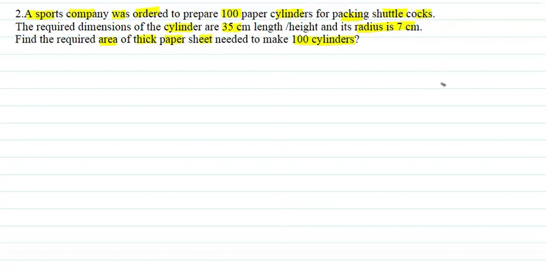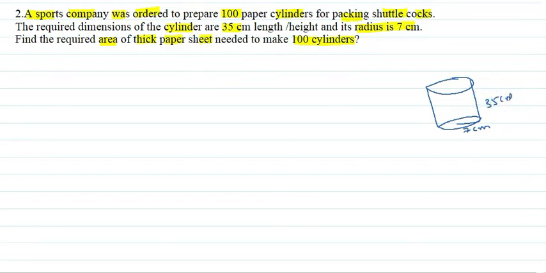So here the shuttlecock packing is in the shape of a cylinder. Here cylinder radius is given 7 centimeter and height is given 35 centimeter. We need to find the area of thick paper sheet to make 100 cylinders.